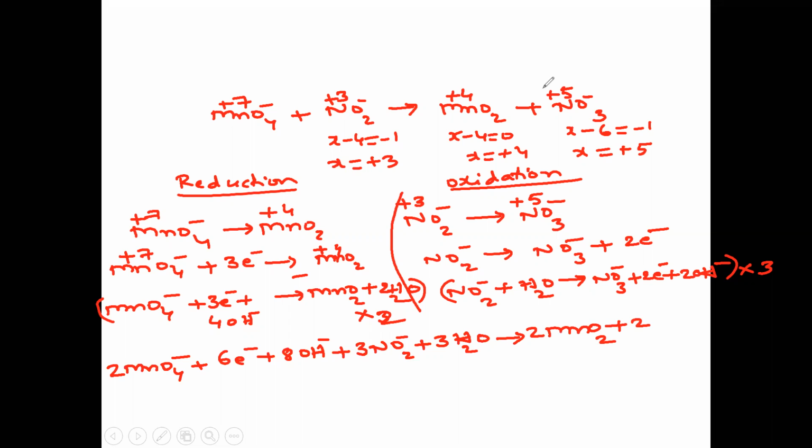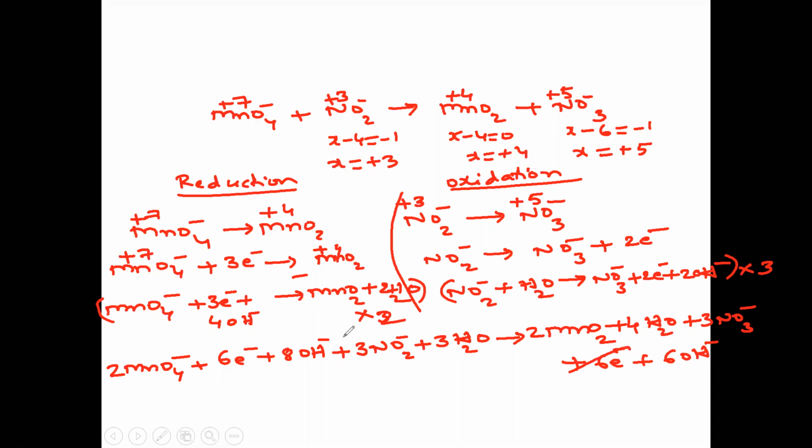Writing the products: 2 MnO2 plus, because we have to multiply with 2, 4 water molecules, plus 3 NO3 minus plus 6 electrons plus 6 OH minus.